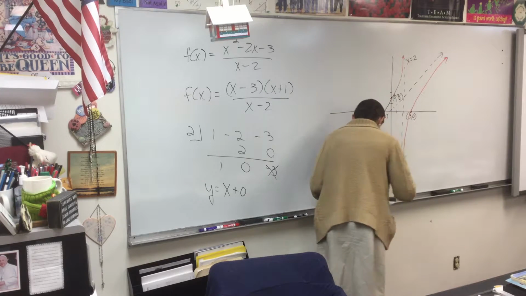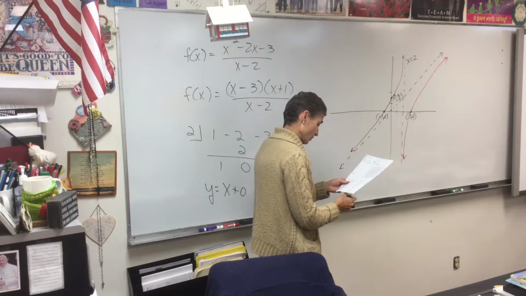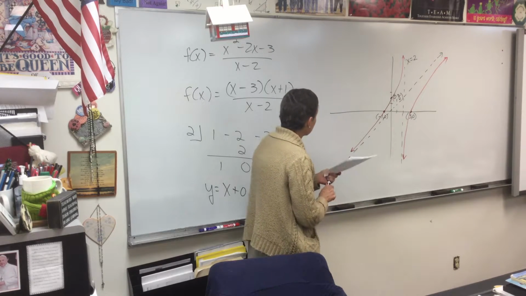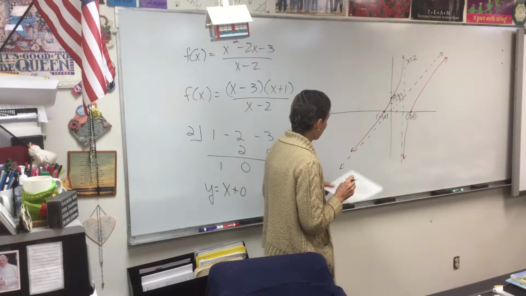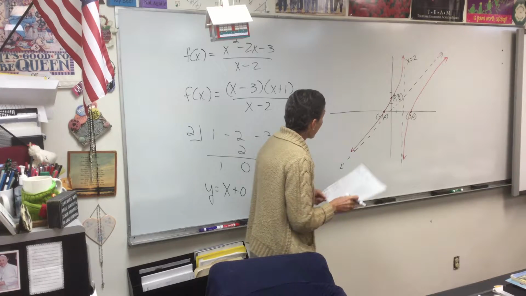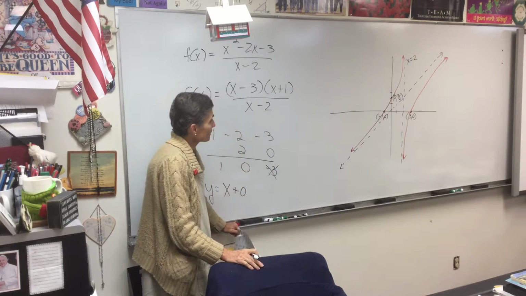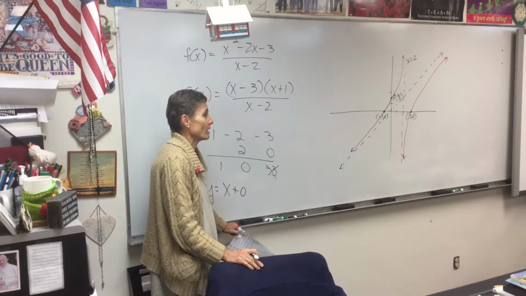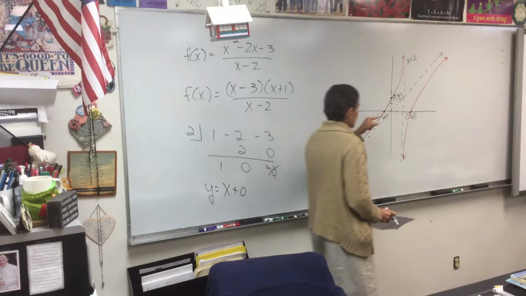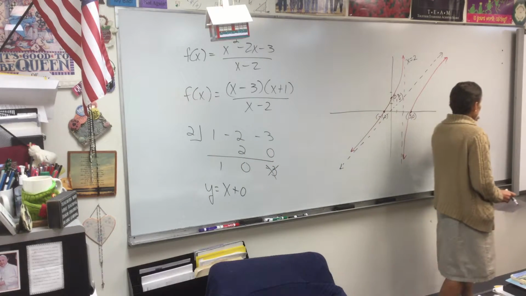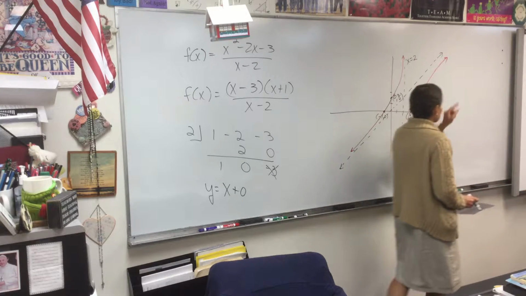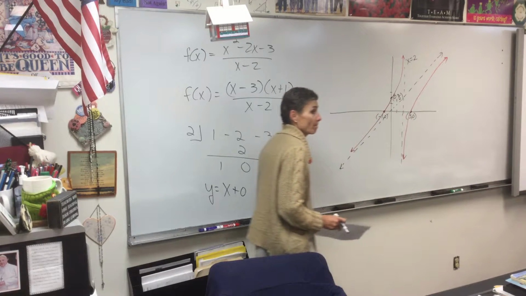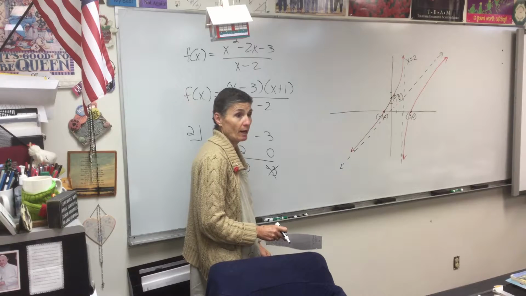All right, number 6. I kind of got these a little bit out of order here. 6 and 9 probably should be answered together. 6 says, what happens to the function as x gets bigger and bigger and bigger? So as x gets bigger and bigger and bigger, what is happening to the red curve? It's going up.